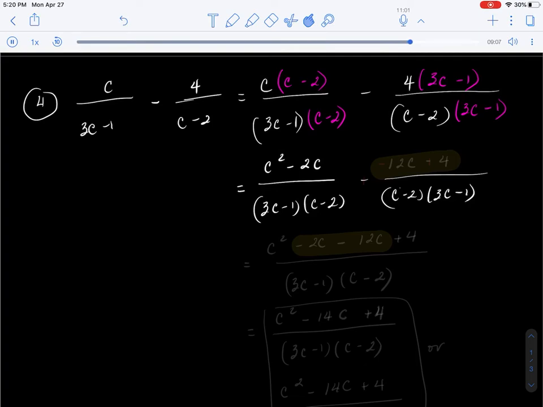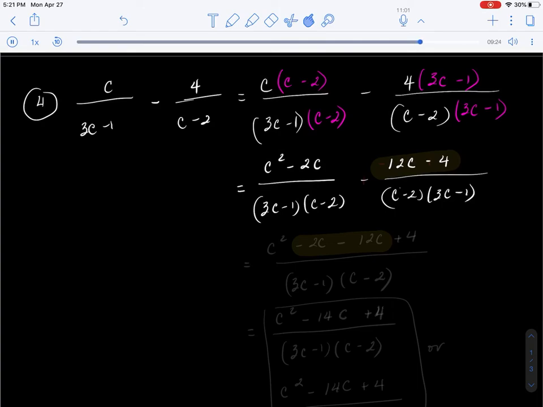Here you have to be very careful with the sign. Let's simplify this: 12c minus 4.